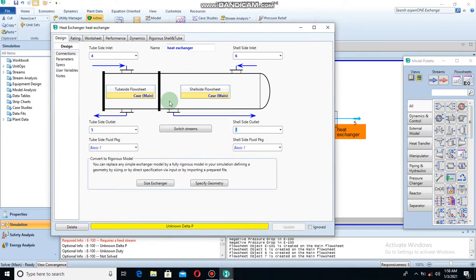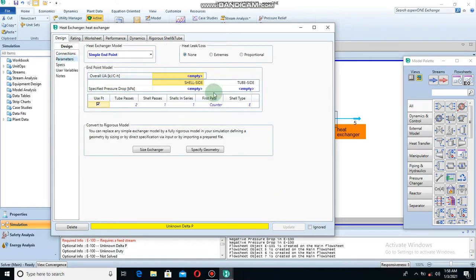So what's the next situation? The next situation says that there is a drop in pressure at the tube side of 10 and of the shell of 25.